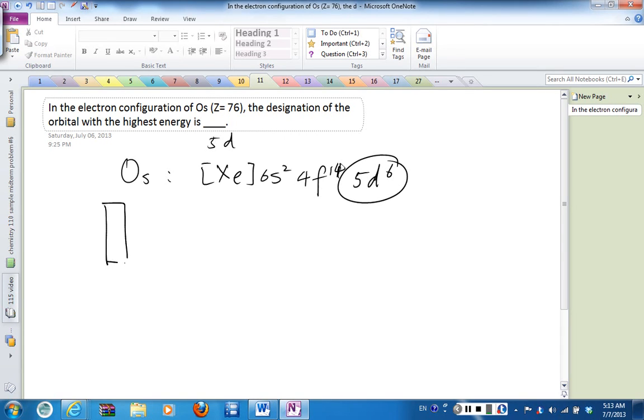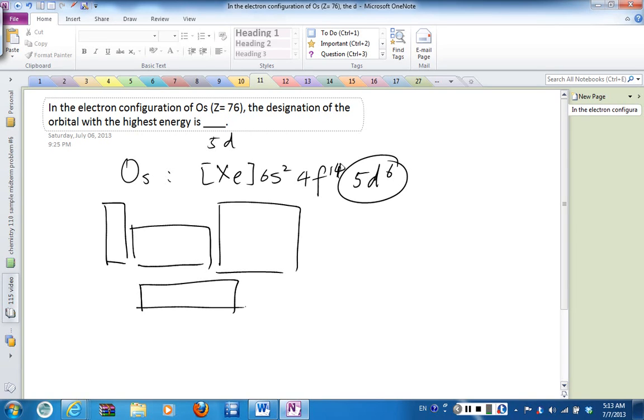This is the periodic table. Anything here in these two columns would end up with an s orbital, and anything here would end up with a p orbital, which means their highest energy orbital would be a p orbital.